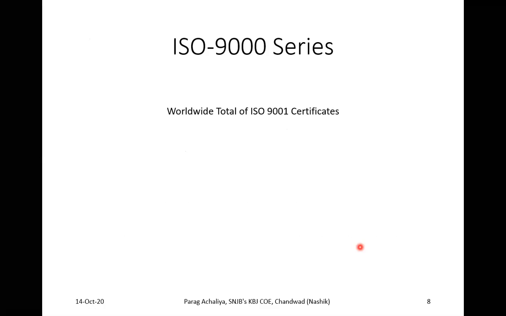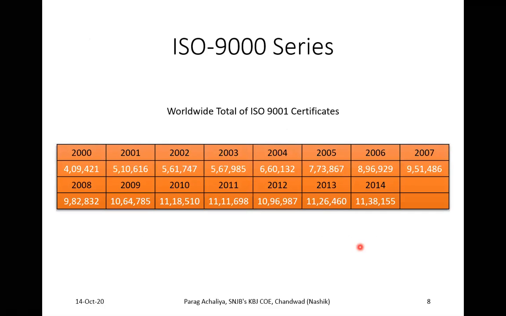How many ISO 9001 certificates were distributed worldwide till now? If you see on the screen, in 2000, the total number of ISO 9001 certificates distributed was 4,09,421.